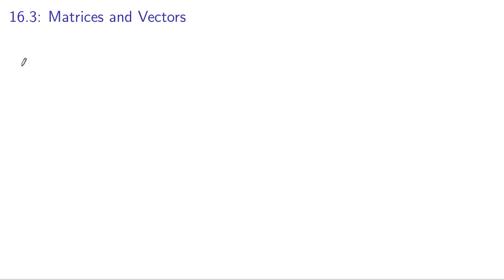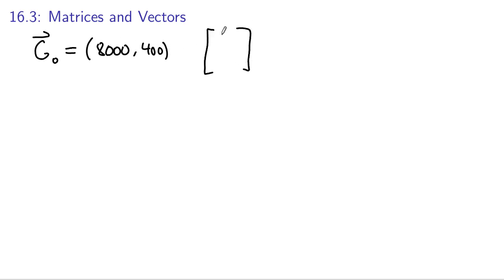The vector is g sub 0, and this is the employment in a town. It's given as the vector 8,000, 400. We can write the vector as an ordered list, but when we're using it as a matrix, it has 1 column and n rows. So I usually will write it in this way. I keep forgetting that the book doesn't use brackets. It uses parentheses for matrices. They are both very common, so it gets confusing.